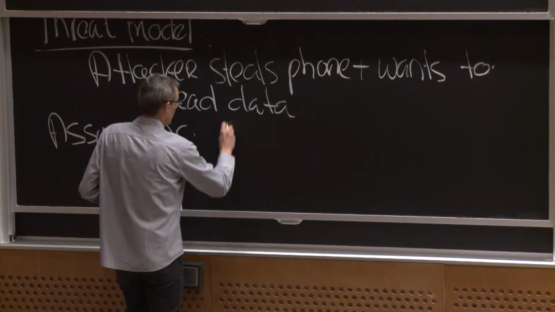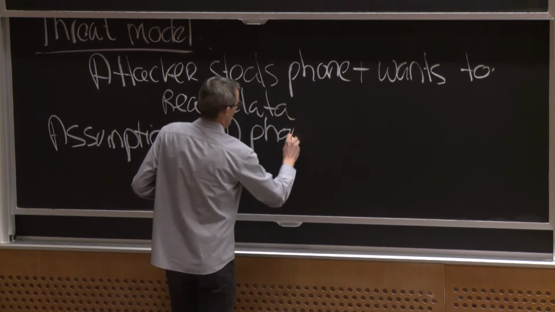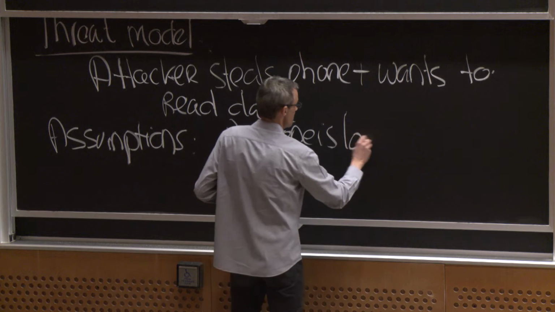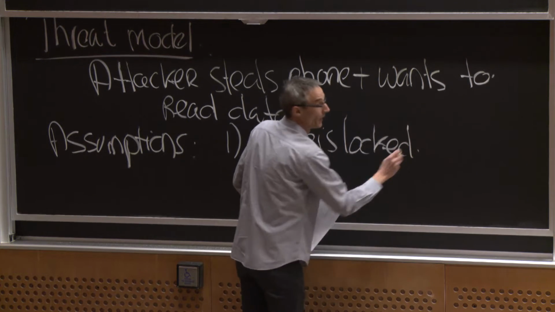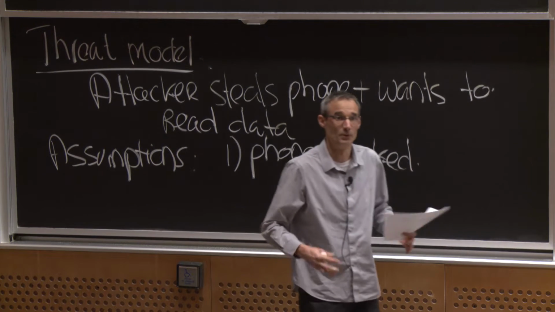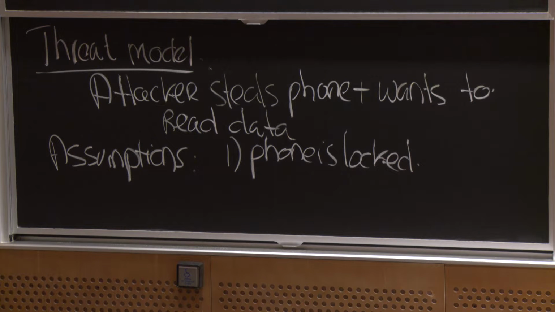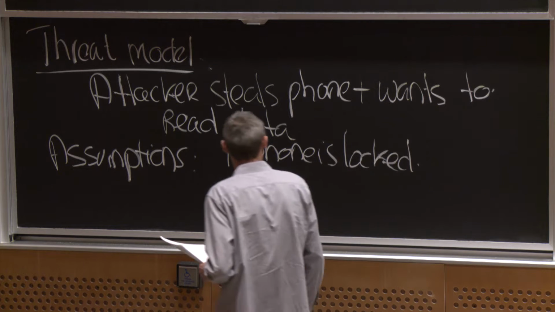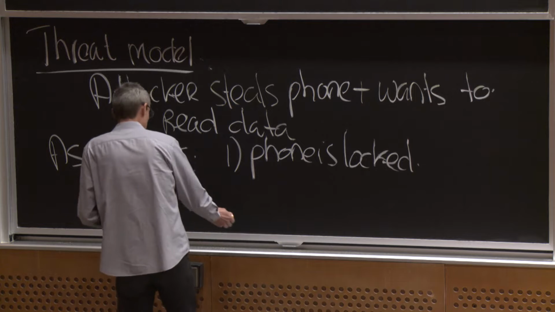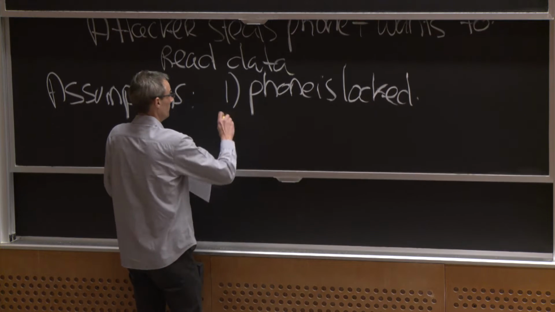One is that the phone is locked when the device is stolen. If the phone is not locked and the device is stolen, then of course the attacker has full access to your phone. So a starting assumption is that the phone is locked at the point that it is stolen. The second is that it is password protected.